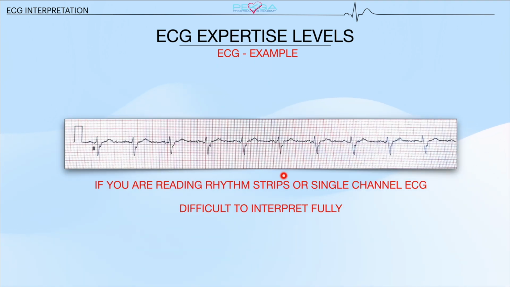If you're interpreting strips, or looking at a single channel, please understand that it is going to be immensely difficult to interpret what's going on fully with the patient. Here you might be able to get rate, maybe rhythm, but full interpretation is pretty much out of your purview.